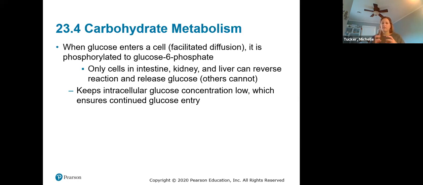So we focus on glucose metabolism. When glucose enters the cell, it gets phosphorylated. So this is an active process where glucose gets converted to glucose 6-phosphate. This effectively traps it in the cell and keeps the glucose gradient going.